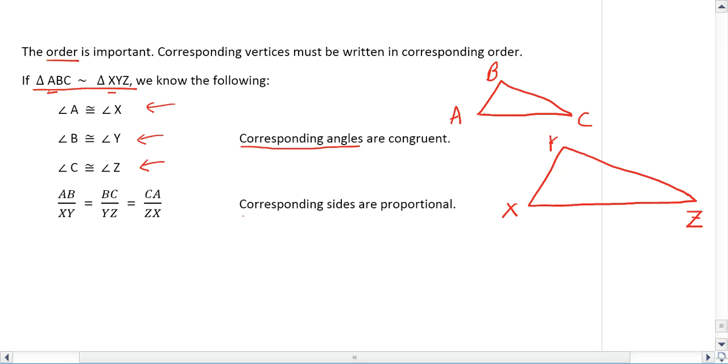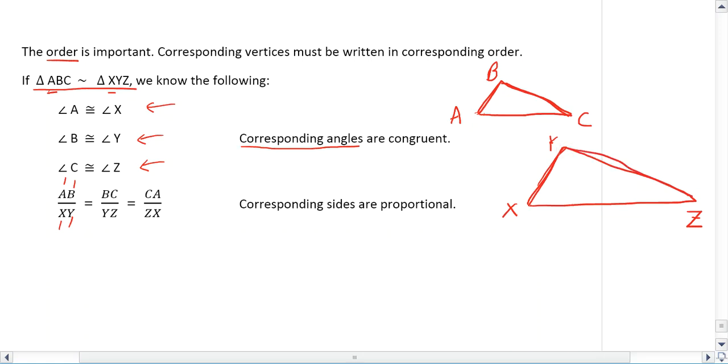Now when we name these corresponding sides in proportion to one another, if I say AB, going from this angle, then I need to say that that is in proportion over XY. You would not say AB over YX, because angle A corresponds with angle X and B corresponds with Y. Likewise, when we talk about side BC, we say that that is proportionate to YZ.